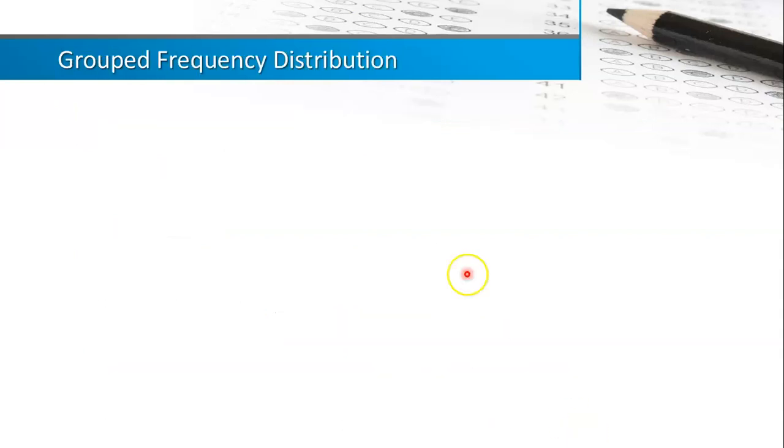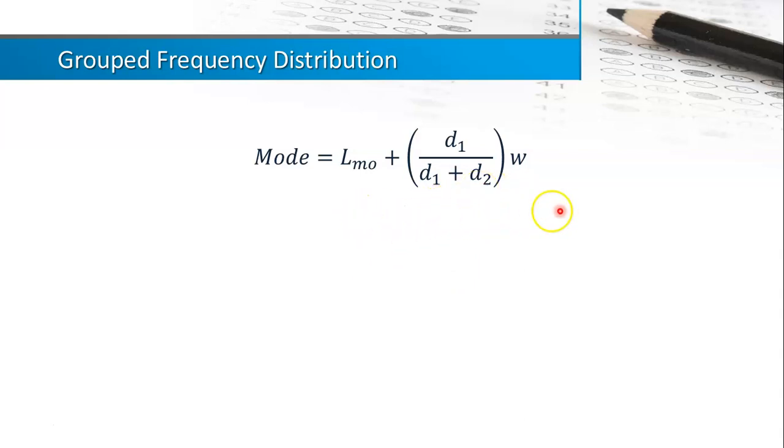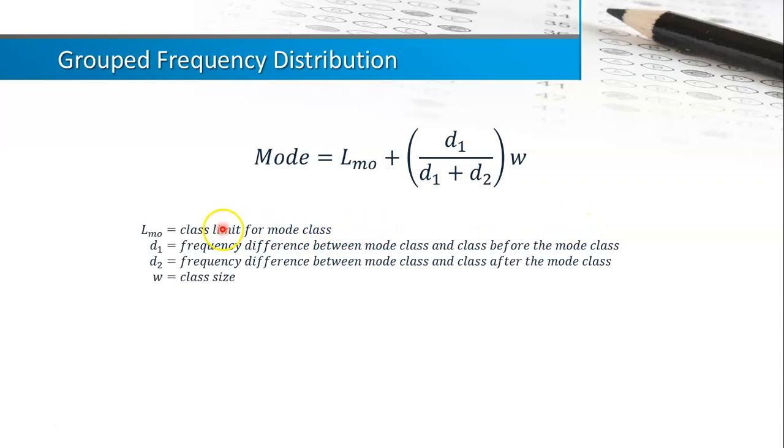All right. For a grouped frequency distribution, in which your distribution is grouped according to intervals, you can use this formula. Don't worry too much about this formula. We're not going to test on this, but at least you can calculate the mode by yourself. So what is LMO? LMO is the class limit for the mode class.